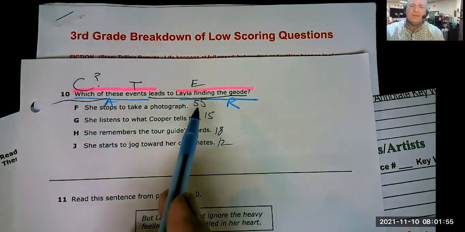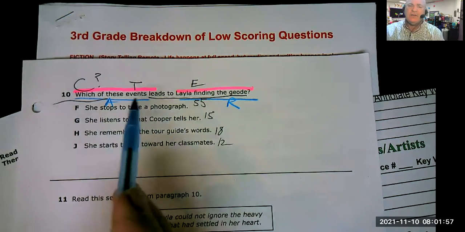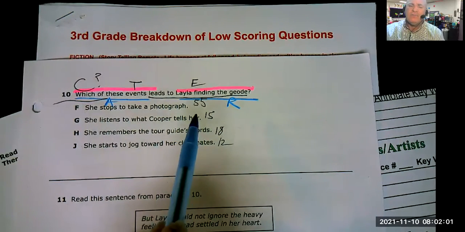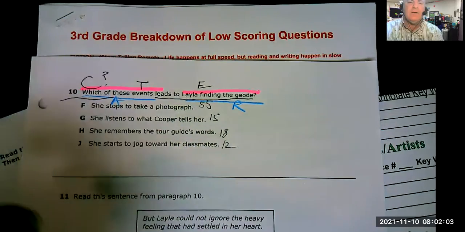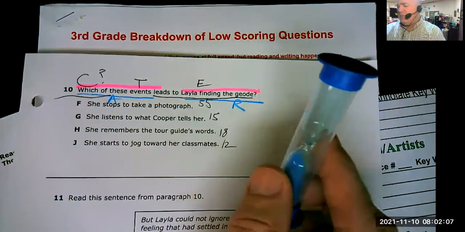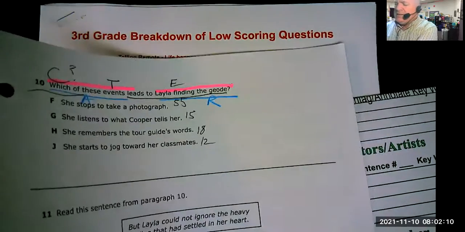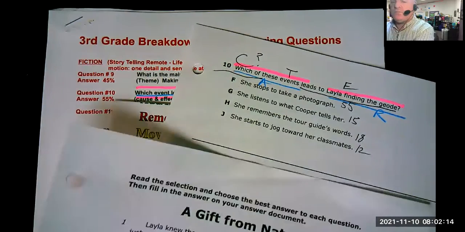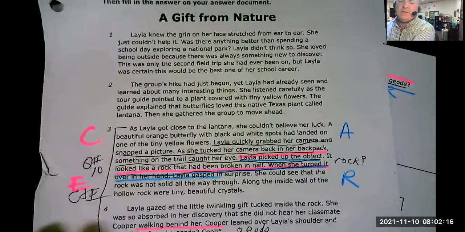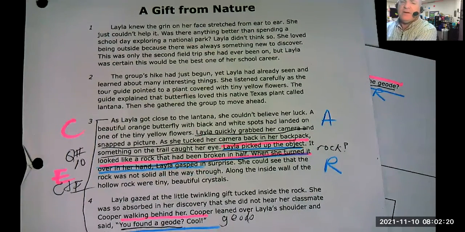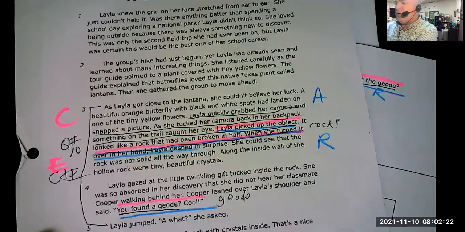Now, since actions lead to reactions and causes lead to effects, it would make the most sense to go backwards. Now, I have this little minute timer that I got at Dollar Tree, and because details are a little bit easier to find, I'm going to time myself to see how long it's going to take me to get down there so I can find her finding the geode.